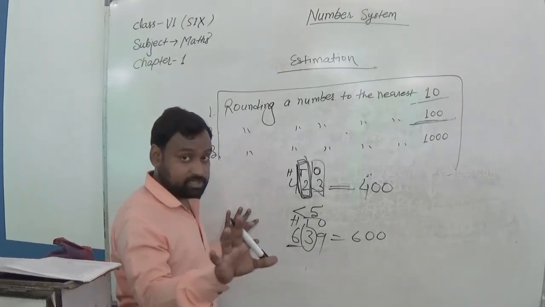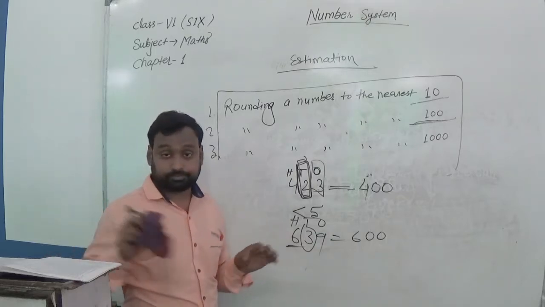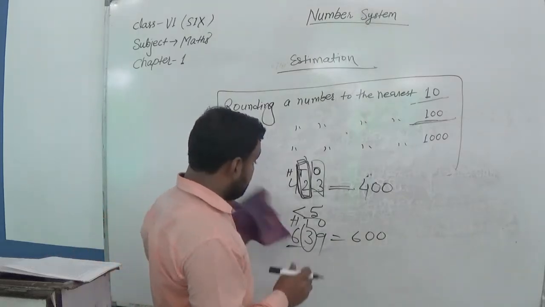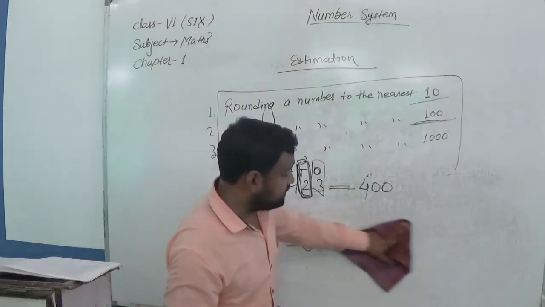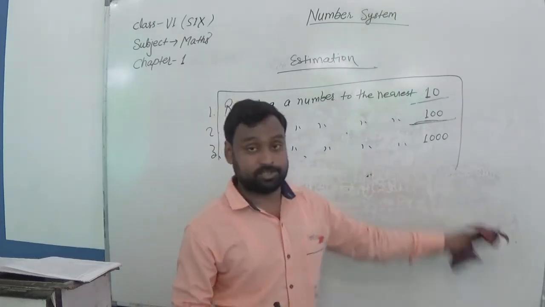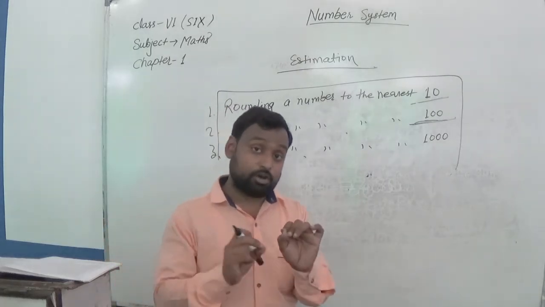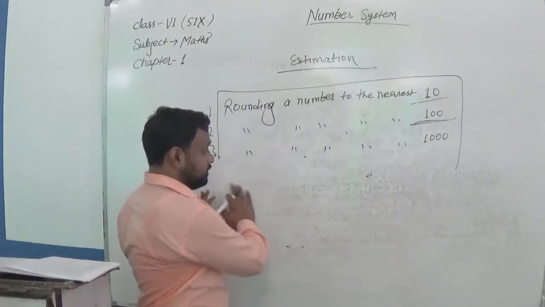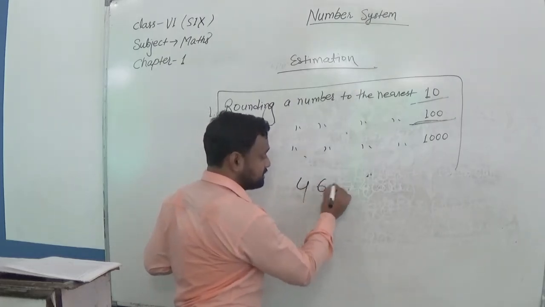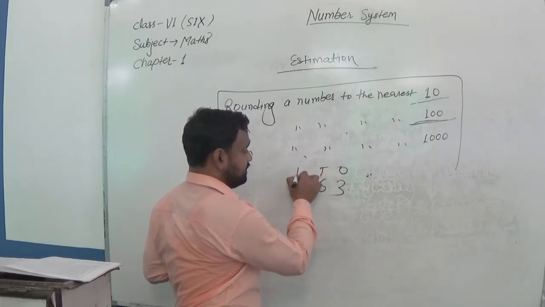And in another case, if the digit at the tens place is 5 or more than 5. Suppose we have 4, 6, 3: ones, tens, hundreds.